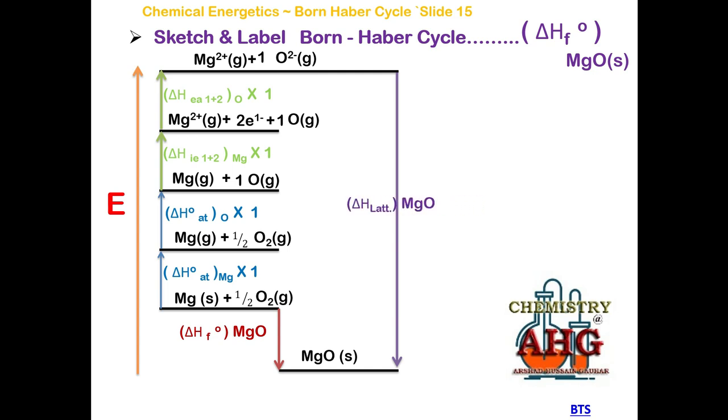Now students, one more thing: in different books you might have seen something different. Look at the ionization of magnesium. Sometimes what we do in the case of magnesium, you can see that one magnesium loses 2 electrons. So how many ionization energy values are involved? 2. So what you can see in some books is that each ionization is performed stepwise. What does this mean? They show removal of the first electron, first ionization energy, formation of Mg+, and after that from Mg+ to the formation of Mg2+, second ionization energy.